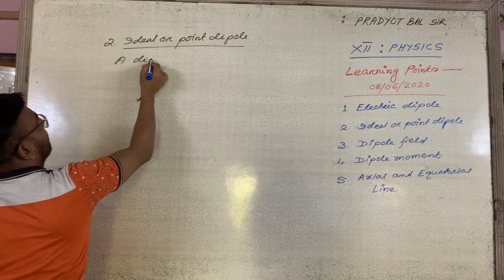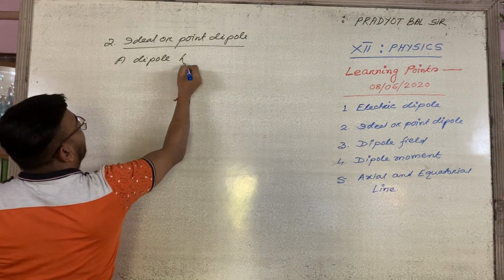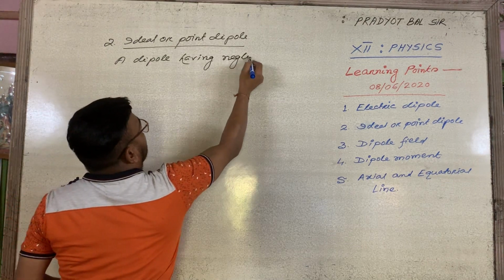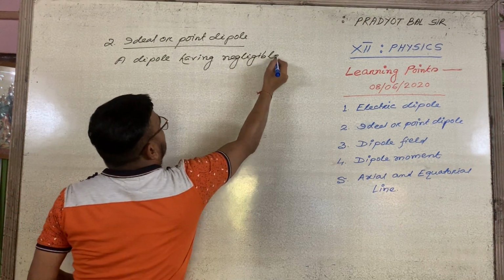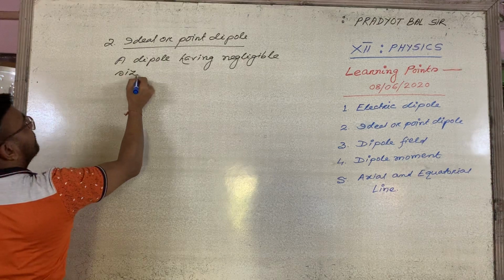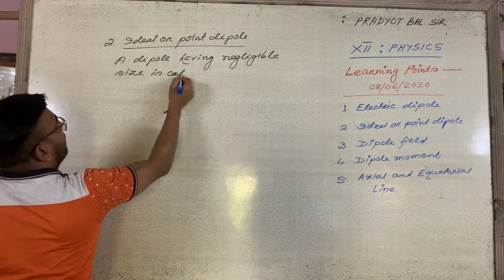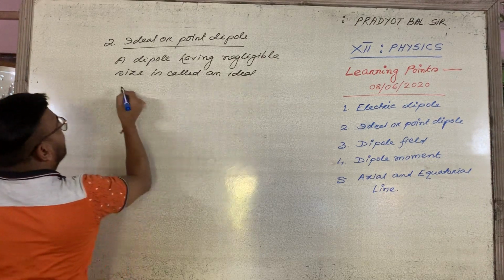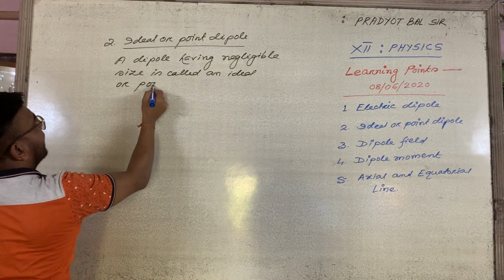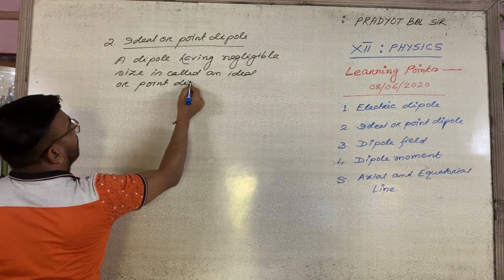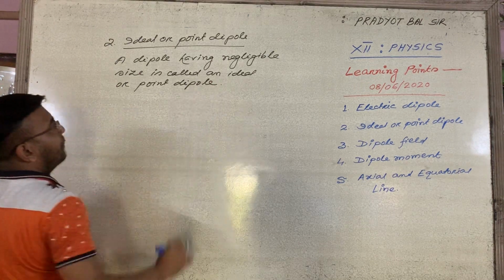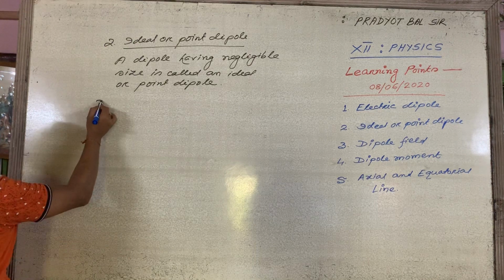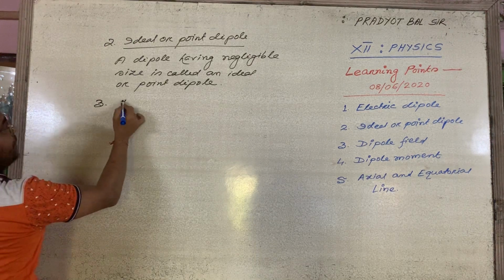A dipole having negligible size is called an ideal or point dipole.